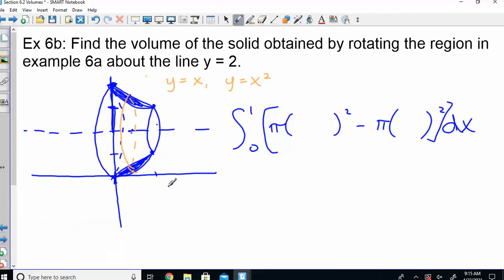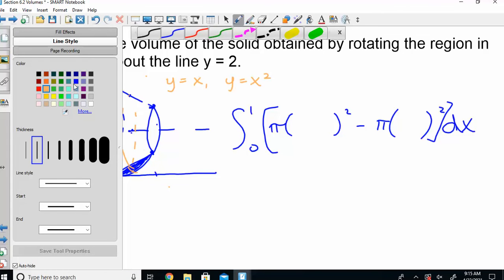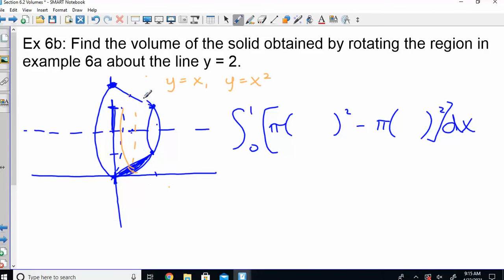Is that picture drawn right? I think so. Wouldn't the parabola be on the outside of the top? Oh, yeah. Wait. Hold on. Yeah, when I reflected it, I put my parabola in the wrong spot. Thank you.